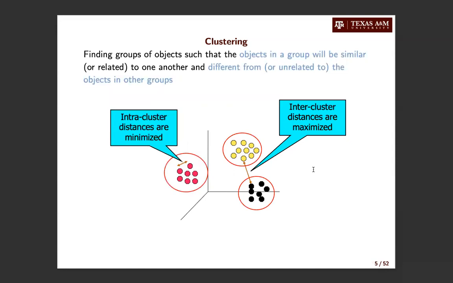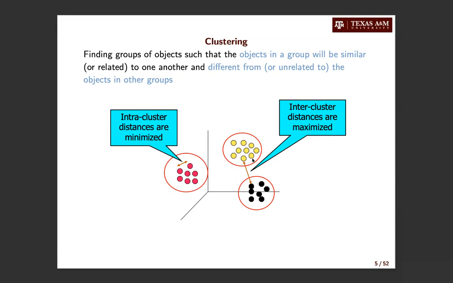And there are two important notions that are involved in any clustering algorithm: the notion of intra-cluster distance and inter-cluster distance. Essentially, we want our clusters to be as compact as possible. This means that the intra-cluster distance, meaning the distance within the samples that belong to each cluster, needs to be minimized.